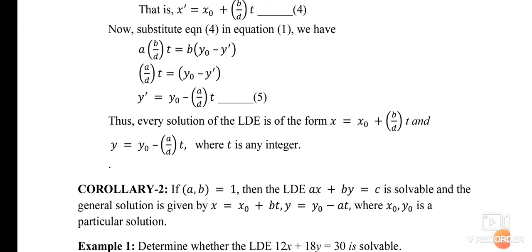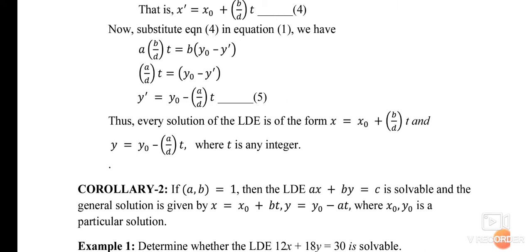So, from this theorem we obtain that when a LDE is solvable, it has infinitely many solutions. The reason is t is any integer. So, to each value of t we have different values of x and y.